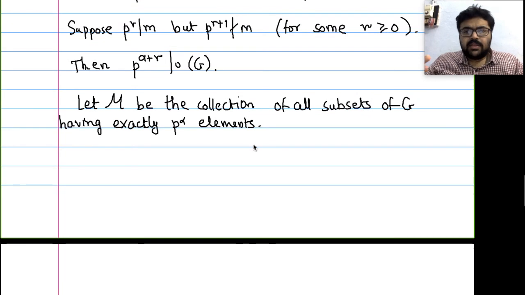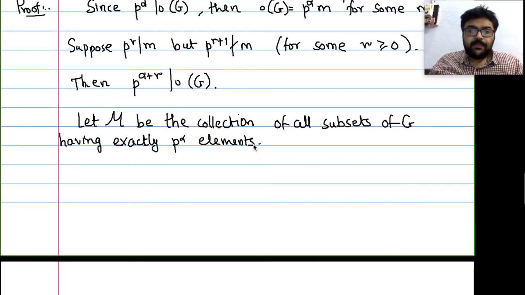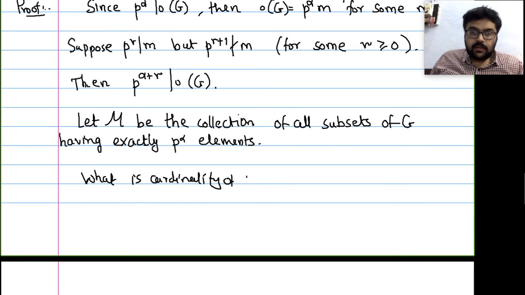So how many such sets can be formed? What is the cardinality of script M? How many elements will be there? Suppose I have a set of 5 elements, a1, a2, a3, a4, a5.